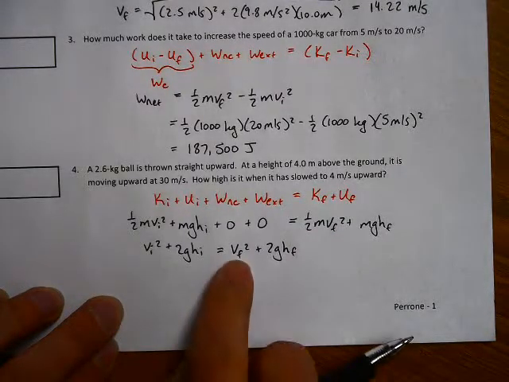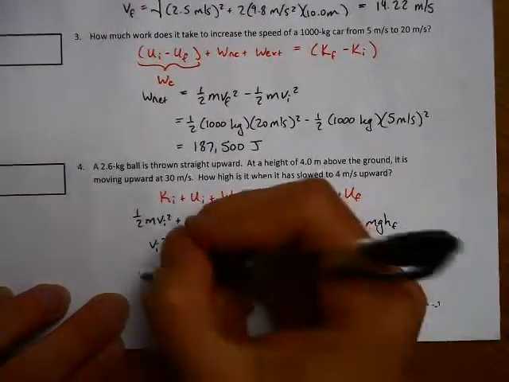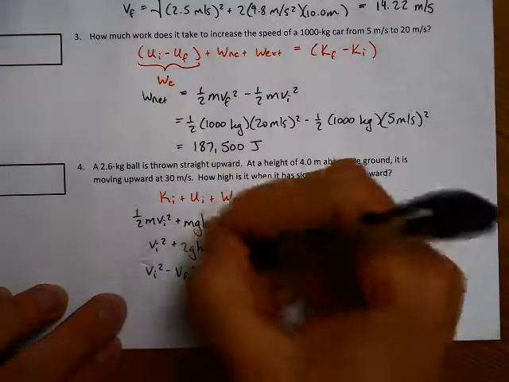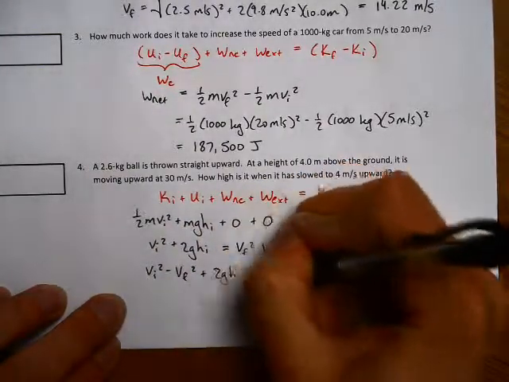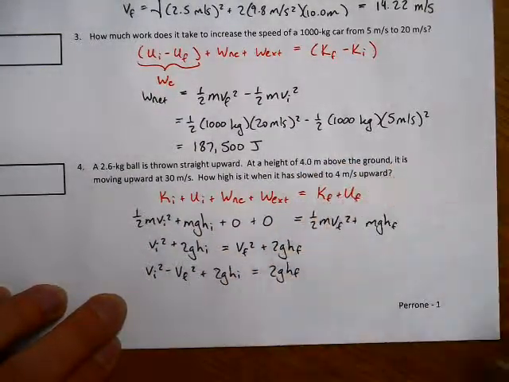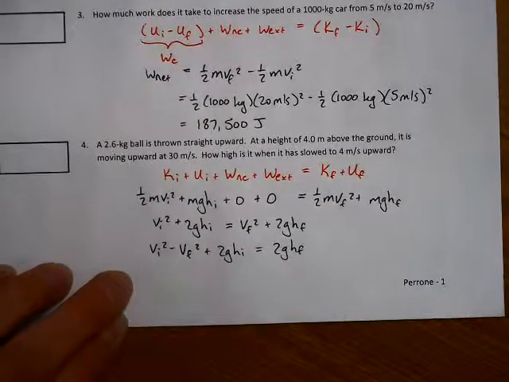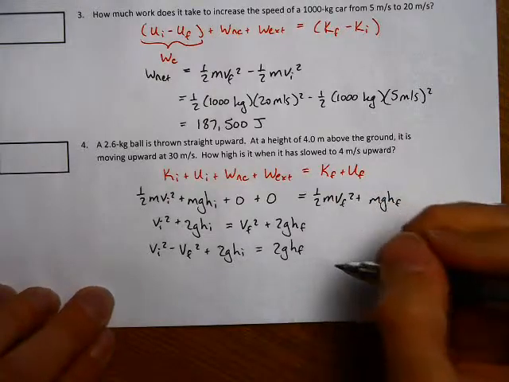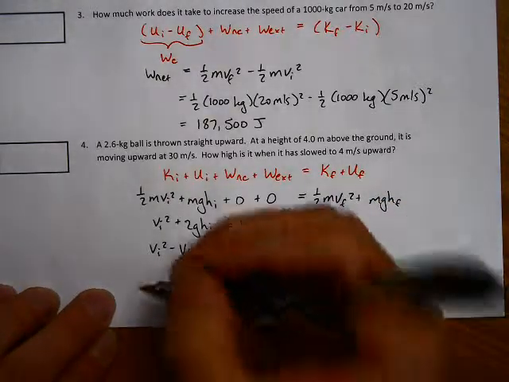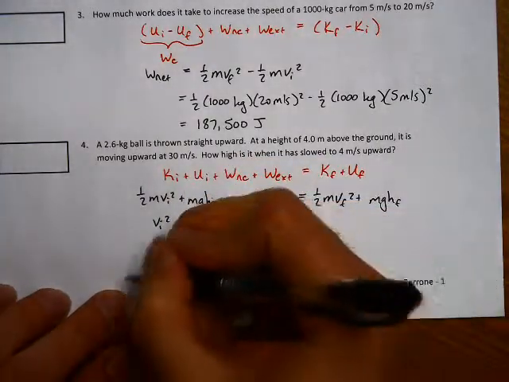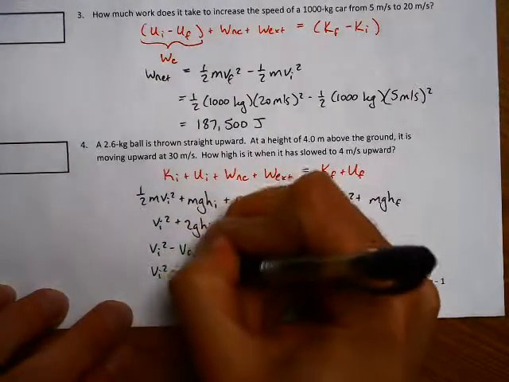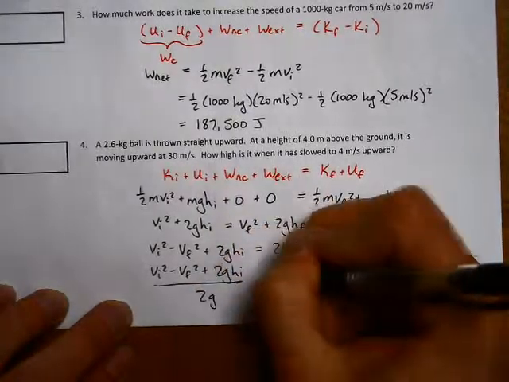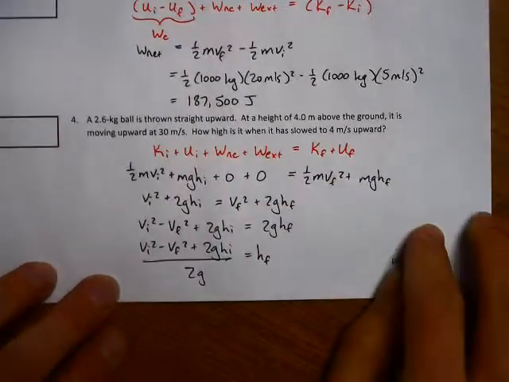I can now subtract the vf squared over to the other side and get vi squared minus vf squared plus 2ghi equals 2ghf. I can divide both sides by 2g. And then I obtain this expression.